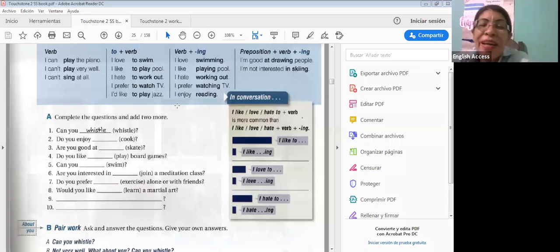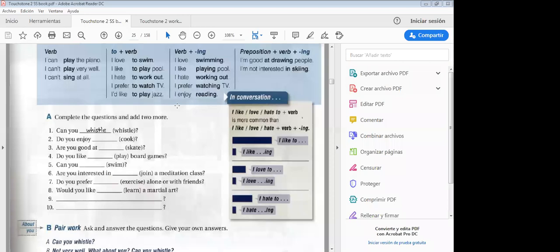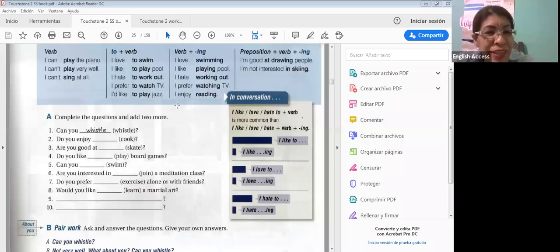Okay, one more time, guys. Pay attention to the grammar chart. You have the way you're going to use these verbs. Again, remember with enjoy, you're going to use only a verb with ing ending. I enjoy reading, I enjoy dancing, I enjoy playing soccer, I enjoy listening to music, I enjoy eating, etc. Only enjoy plus verb with ing.